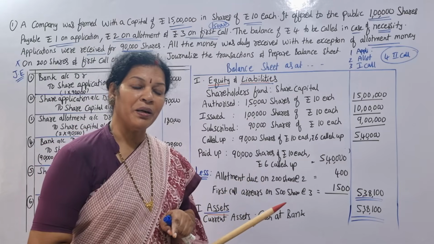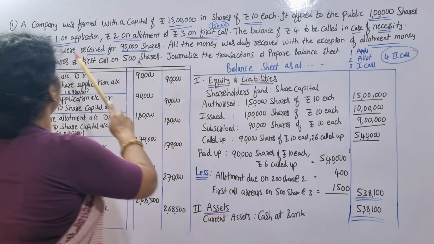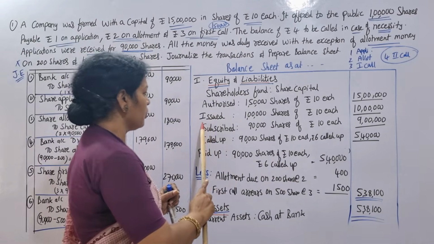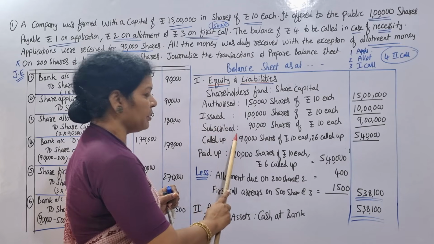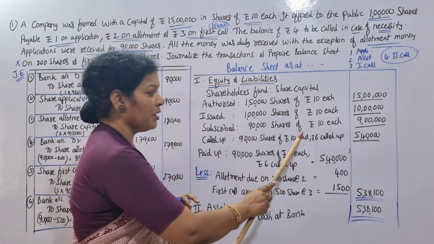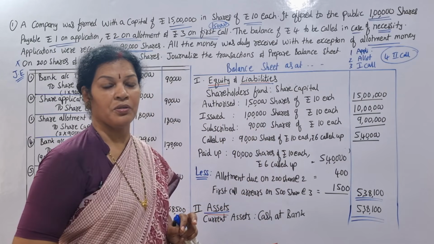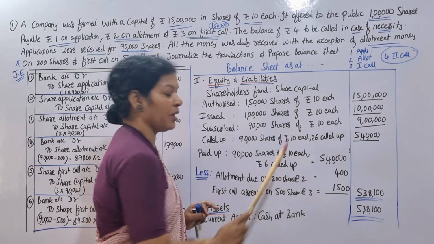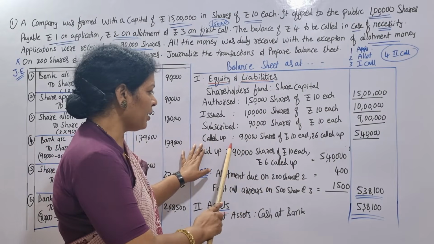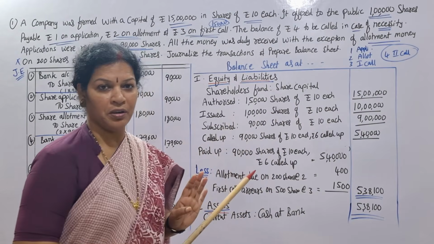1 lakh issued, but how many applications did they receive? They received only 90,000 shares. So that is subscribed or received. Subscribed is 90,000 shares at the rate of 10 rupees each. So this comes to 9 lakh. Up to here clear? Now called up: 90,000 shares only we have called up.